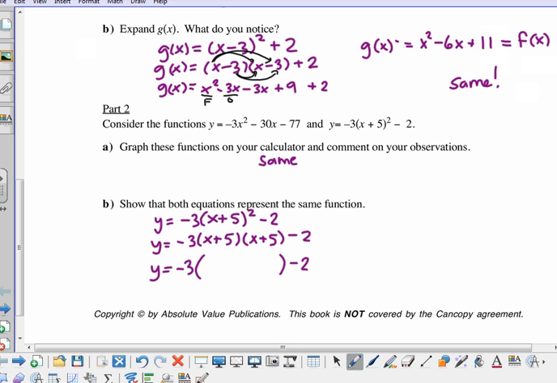So FOILing it out. Practice that x plus 5 times x plus 5.